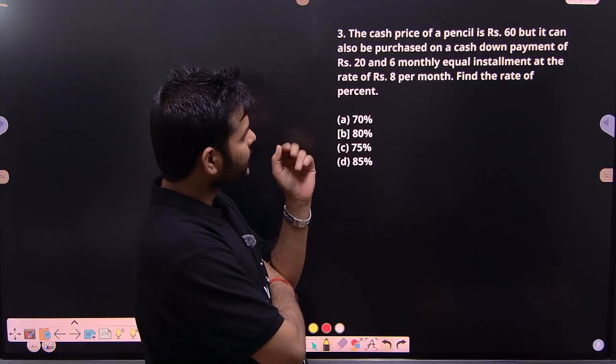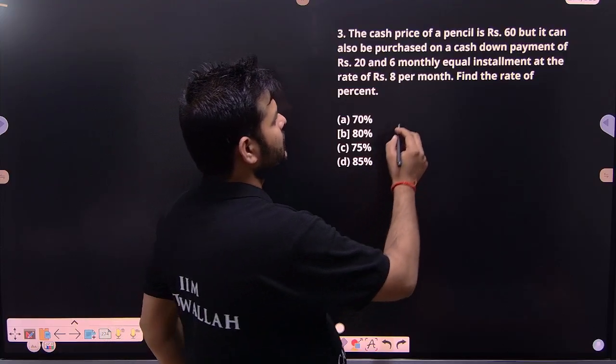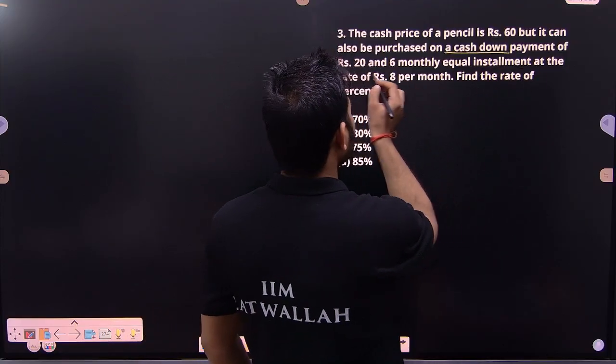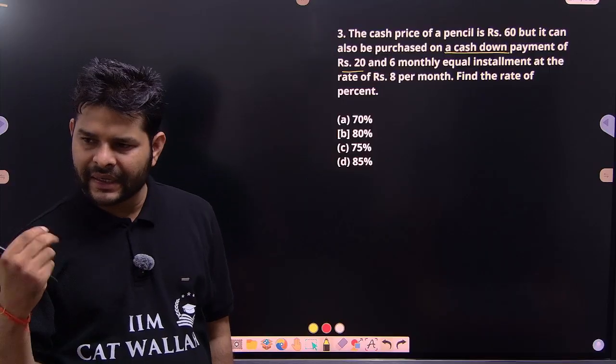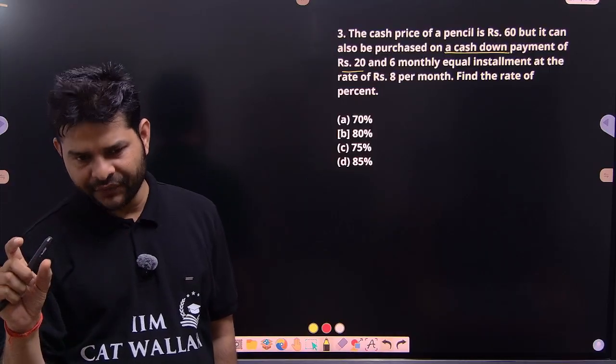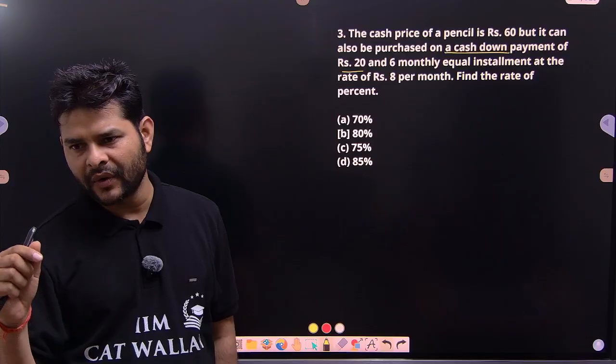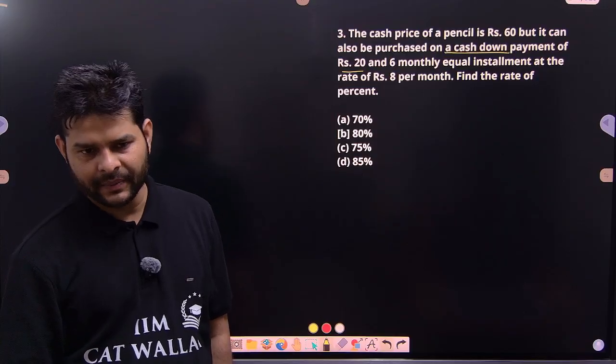But it also can be purchased on a cash down payment of rupees 20. So you just need to pay 20 rupees and take it. The rest of the part, 40 rupees, you need to pay in the form of EMIs or installments.